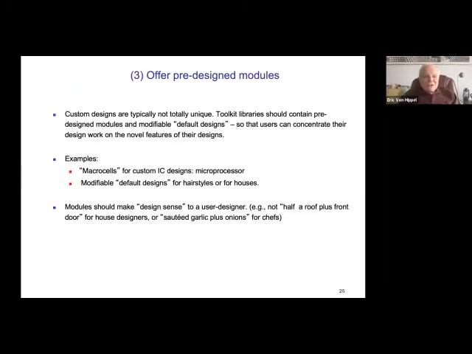Now, it's really interesting. Modules should make design sense to a user. And this is, again, interesting: design sense from what a user does. So for example, I could look at a house in terms of designing an architectural toolkit.